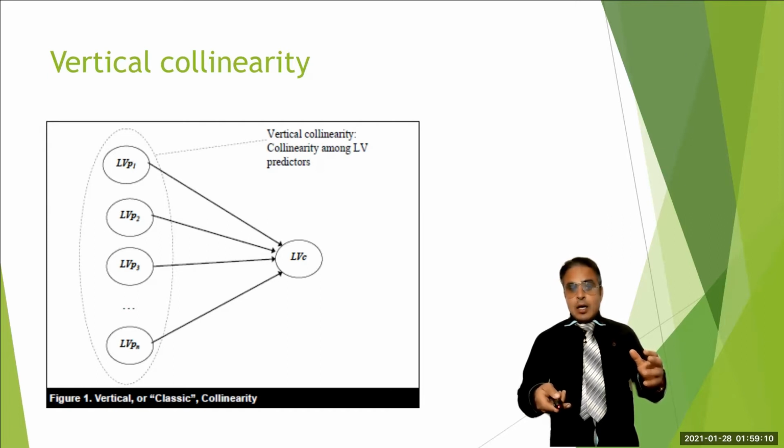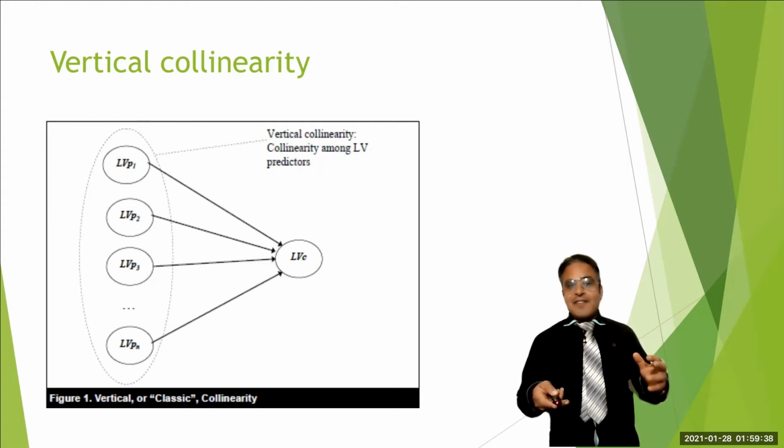We check collinearity among this and this and this and this, and we check whether the indicators of this latent variable are similar, or whether they are both measuring the same attributes of this main construct. If they are doing so, then we have a vertical collinearity.